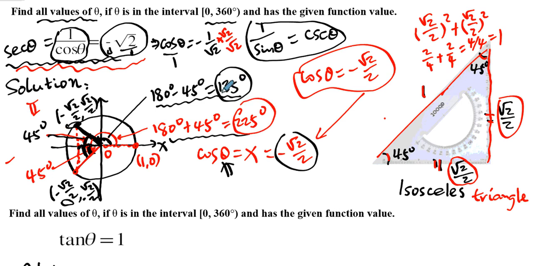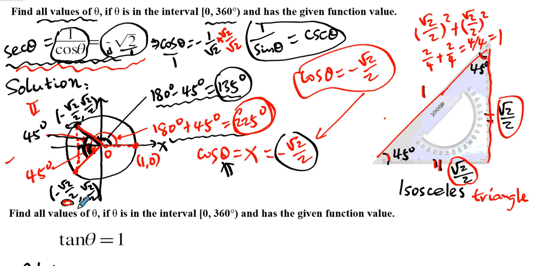So 135 gives us the terminal side here. You will have this coordinate, negative radical 2 over 2, and y is radical 2 over 2 positive. Again, the second one is a straight angle plus 45. You will have a terminal angle right here. The x coordinate is negative, and so is y.